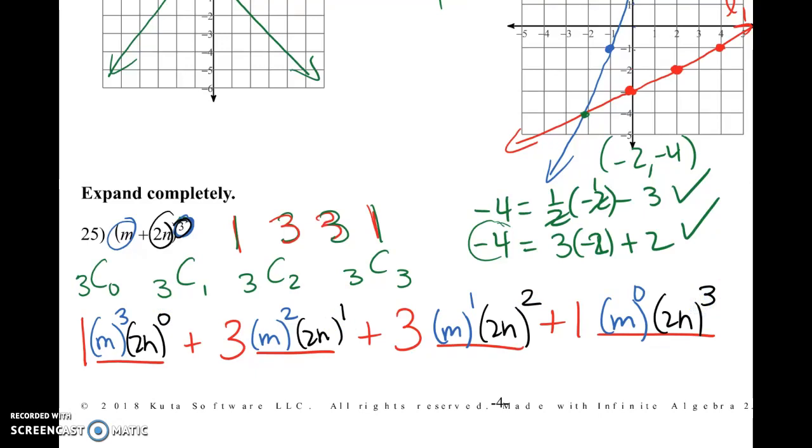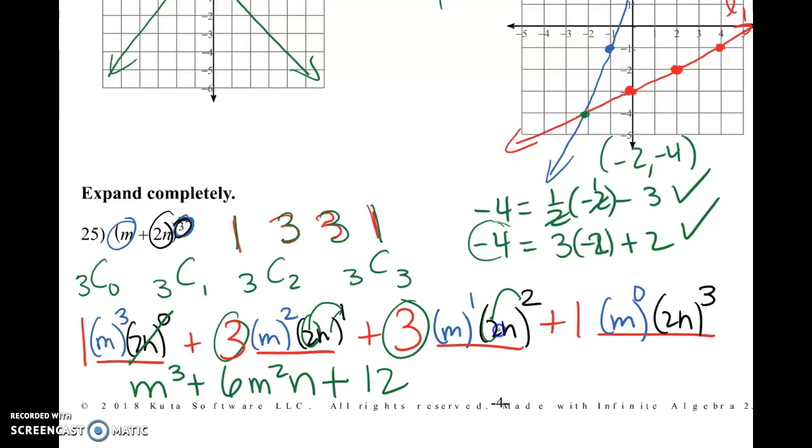Last but not least, we do some simplification. 2 to the 0th power, or 2n to the 0th power is 1. So I get m cubed plus 2 to the first power is 2. N to the first power is n. So I'm going to get 3 times 2, 3 times 2 is 6 m squared n. Here, 2 squared is 4. Times 3 is 12.